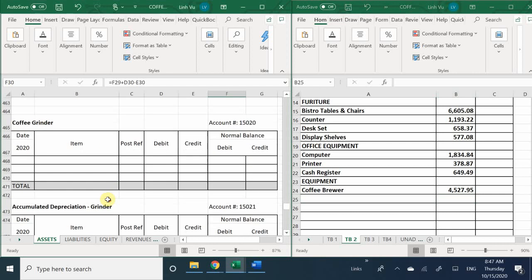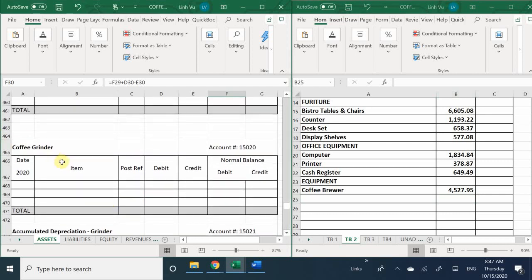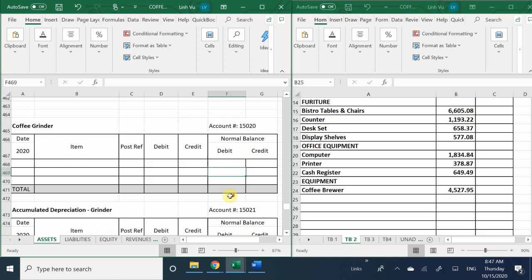The next thing I'm going to come across is my coffee grinder. Where's my coffee grinder right now? It's still in miscellaneous expense, because we're still waiting on one more thing to complete it. We're doing the electrical work for it right now, so we haven't placed it into service.